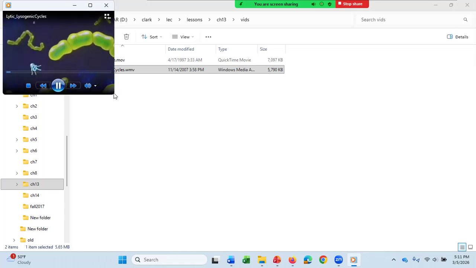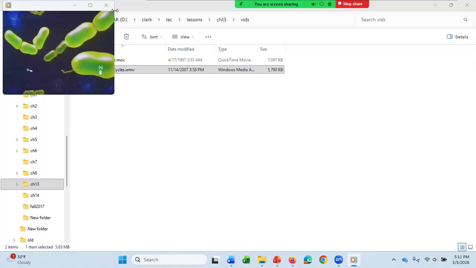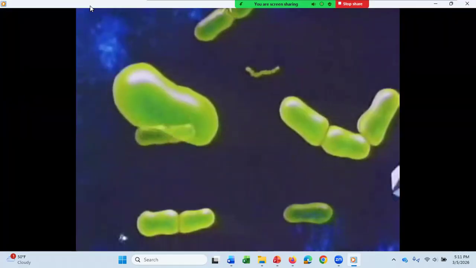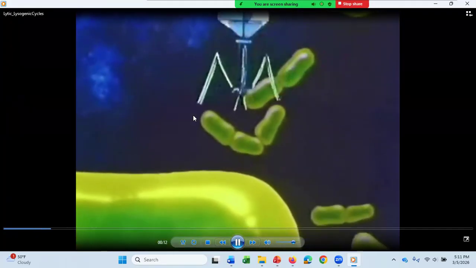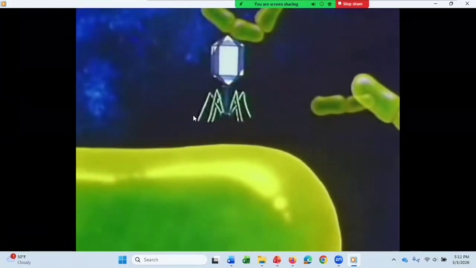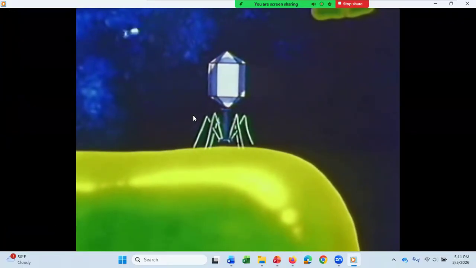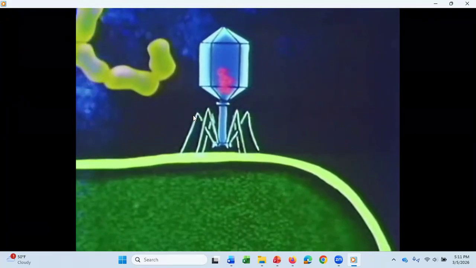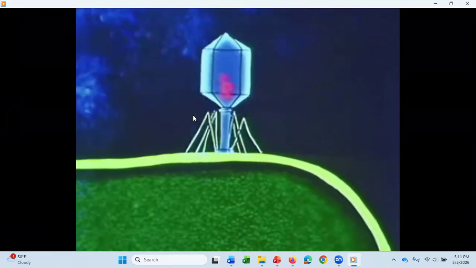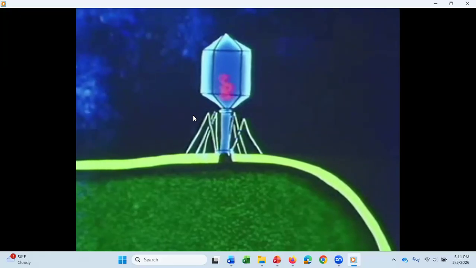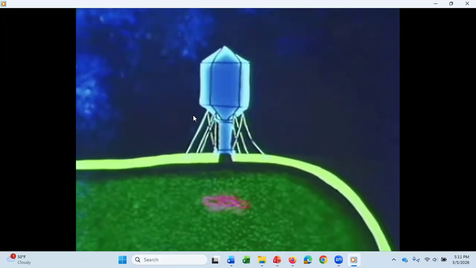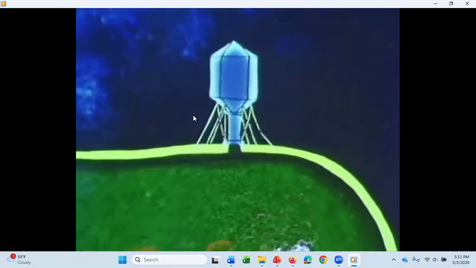In a way, the virus is a parasite. It attacks a host cell and takes over its chemical machinery for making proteins and nucleic acids. One of the better understood virus life cycles is phage, a virus which attacks bacteria cells. The phage begins its assault by attaching itself to the cell wall of the bacteria. This attachment is very specific, and each type of phage can only attach to a certain type of bacteria. Next, the phage breaks down the cell wall, and the nucleic acid from this capsule is injected through the hollow tail into the cell.